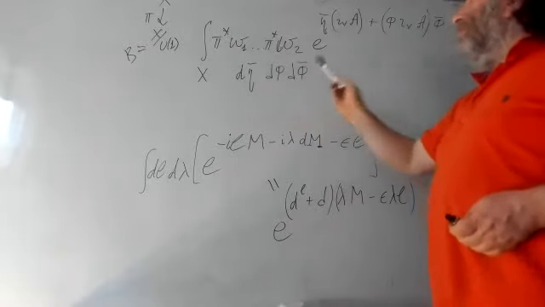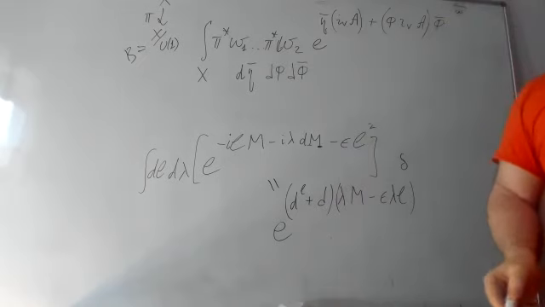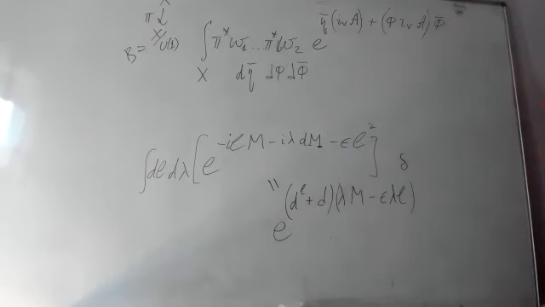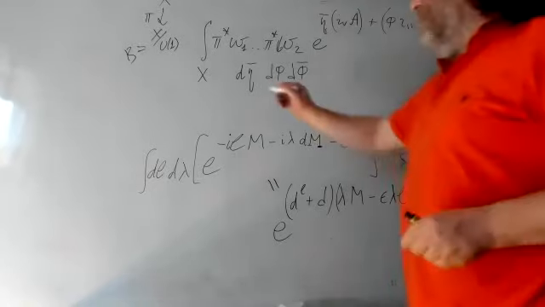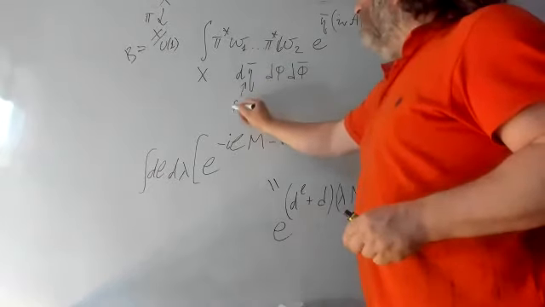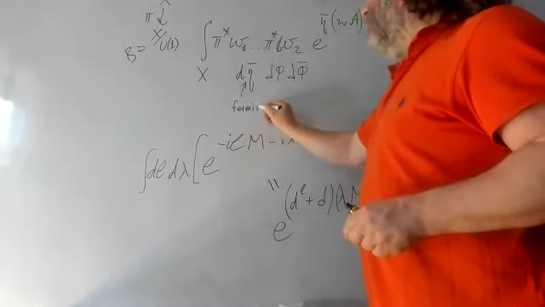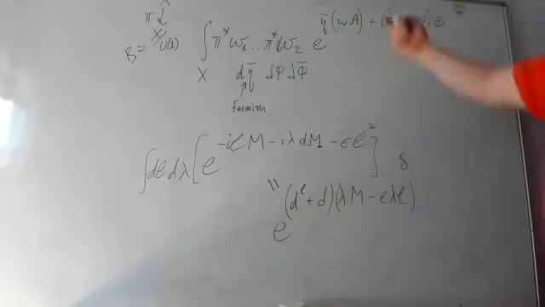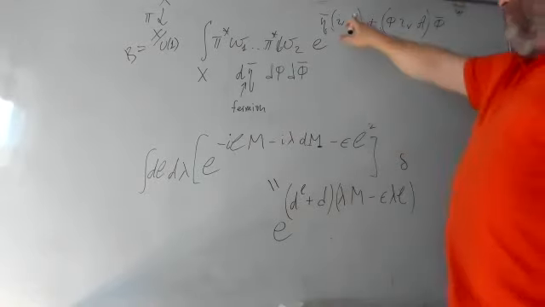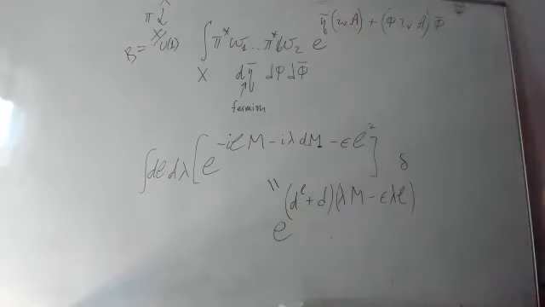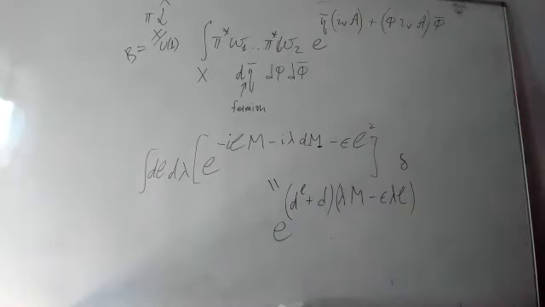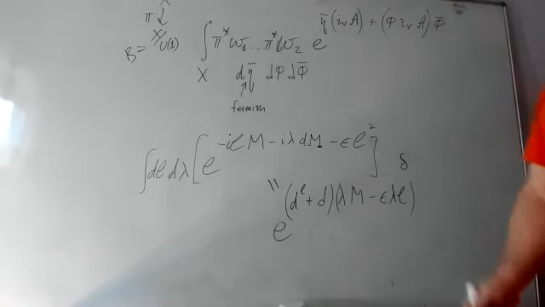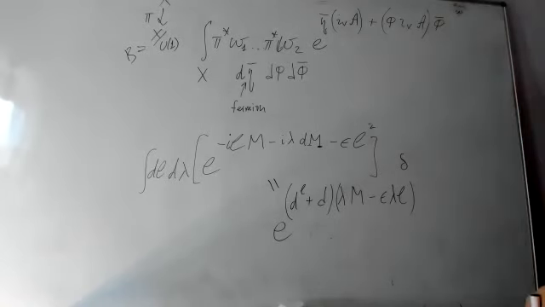I am introducing 3 more fields, okay? So eta bar is a boson and phi bar are fermions. Eta bar is a fermion, of course. Eta bar. Okay. This one. Yes. This one is a fermion.